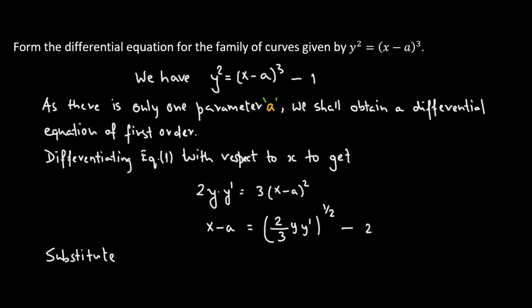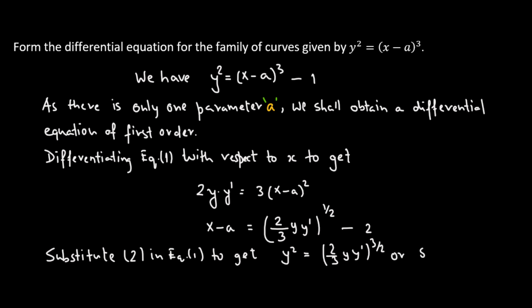Now we will substitute 2 in equation number 1 to get y squared equals (2/3 of y times y prime) raised to the power of 3 over 2. Performing a little bit more algebraic steps, we obtain 8 times y prime cubed equals 27y, and this is the required differential equation for the family of curves given by y squared equals (x minus a) cubed.